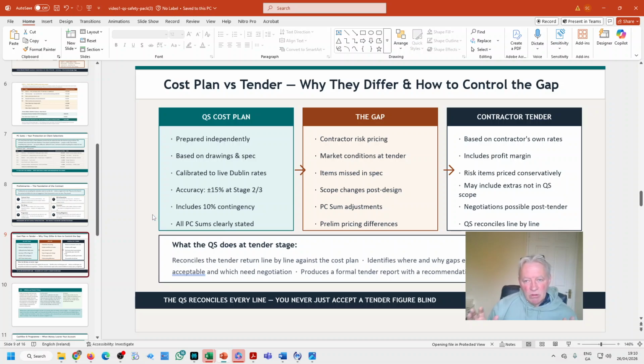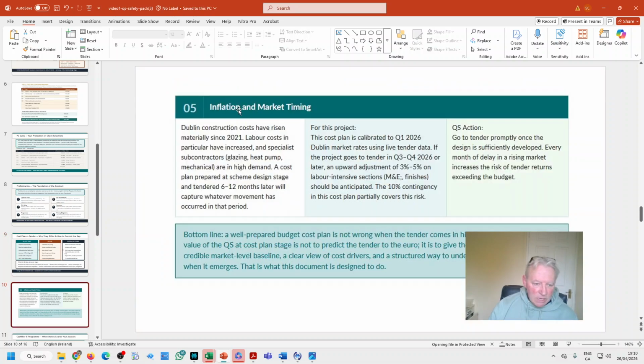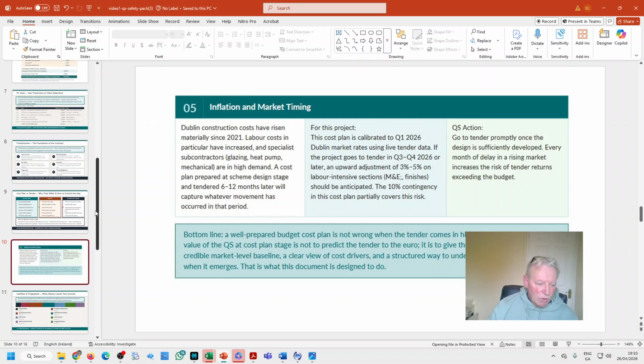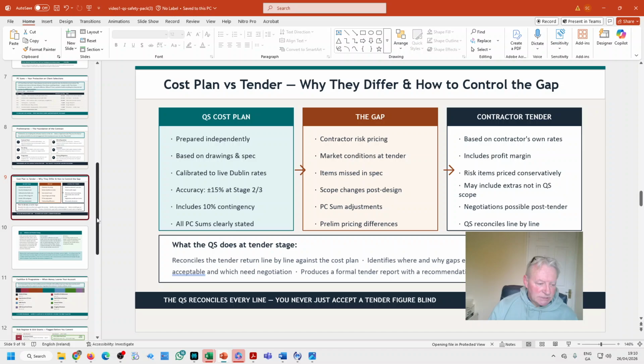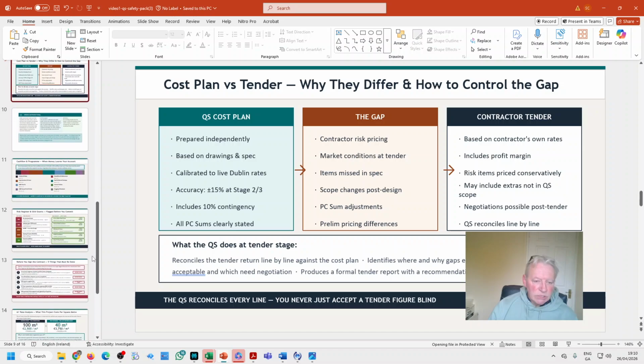And we're a small little open economy. We're open to the fluctuations of global pressure, and that's a reality. So inflation, market timing, and this goes way beyond the analysis of a typical square meter cost plan.